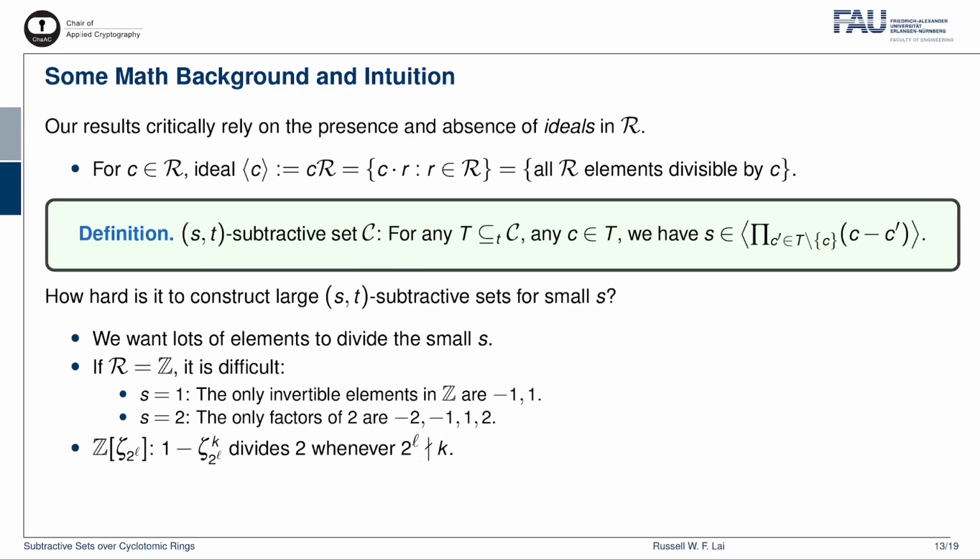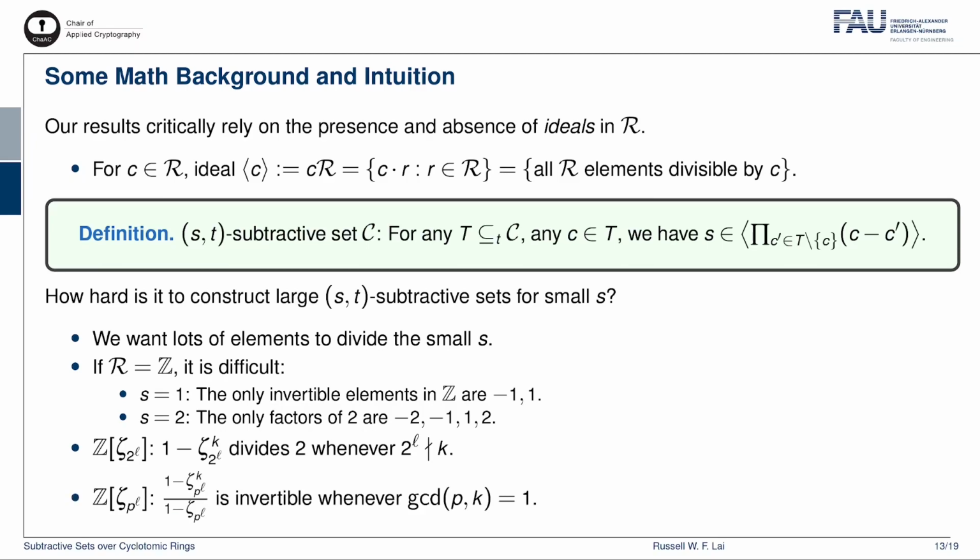Over a cyclotomic ring, however, the situation is a little bit different. For example, in a power of 2 cyclotomic ring of order 2 to the l, the element 1 minus zeta to the power k is a factor of 2 whenever 2 to the l does not divide k.